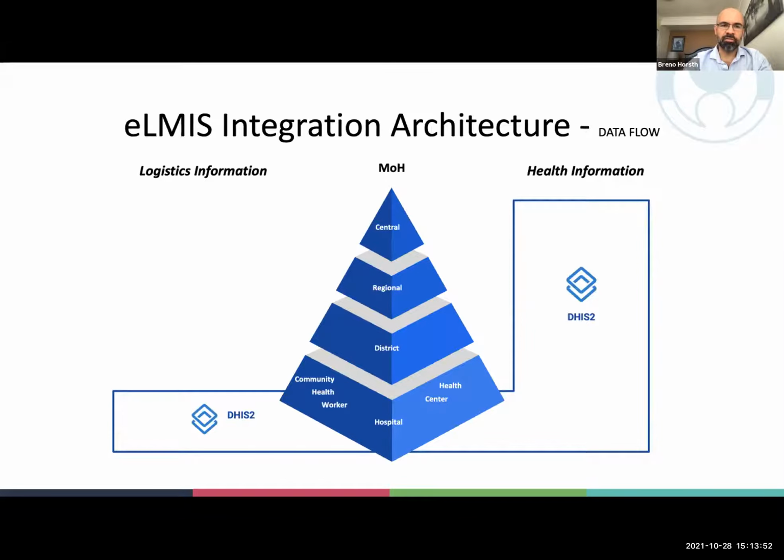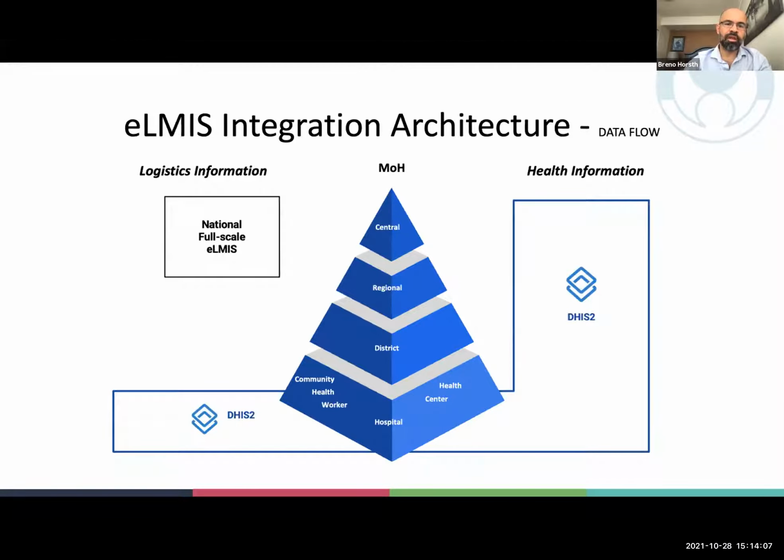For the logistics information, your left-hand column there, we see it being used only at this facility level for capturing data and analyzing it, showing it again to these persons at the facility level at the point of service.